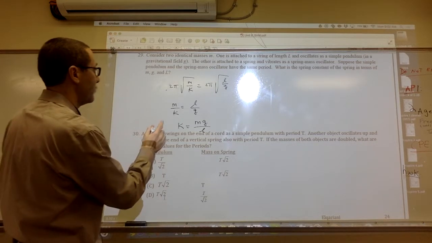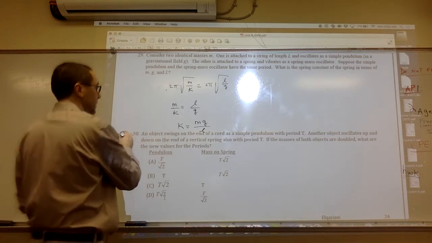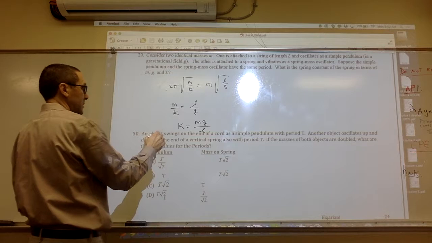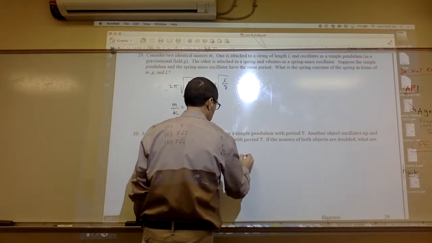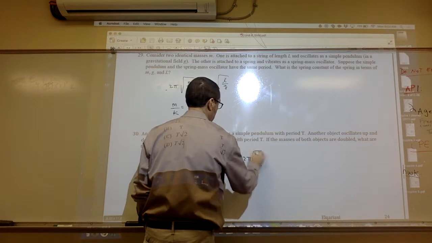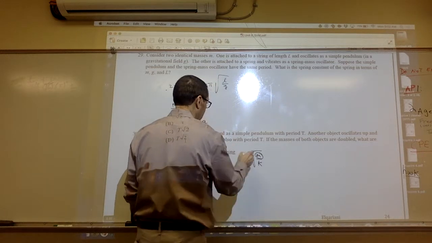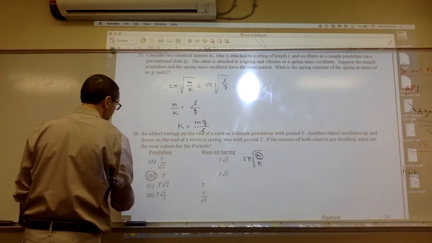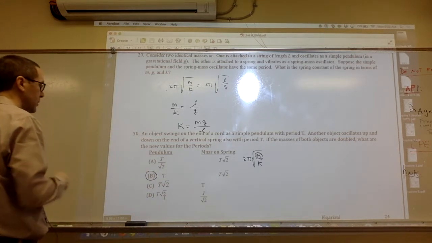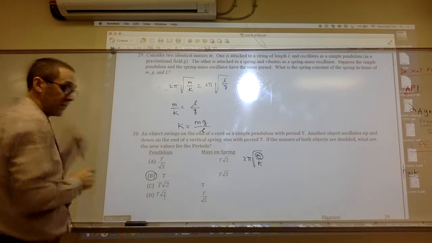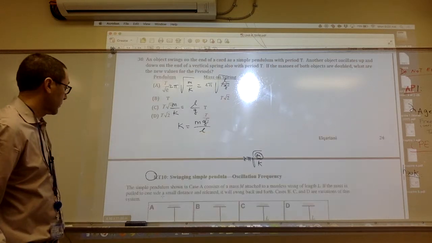For the spring, if the mass is doubled, the period is 2 pi square root of m over k. So m doubles, and you're going to have T times radical 2. Here you could have noticed that it should be just B, because the period of the pendulum will not change since the mass does not affect it. And we talked about that in the previous video.